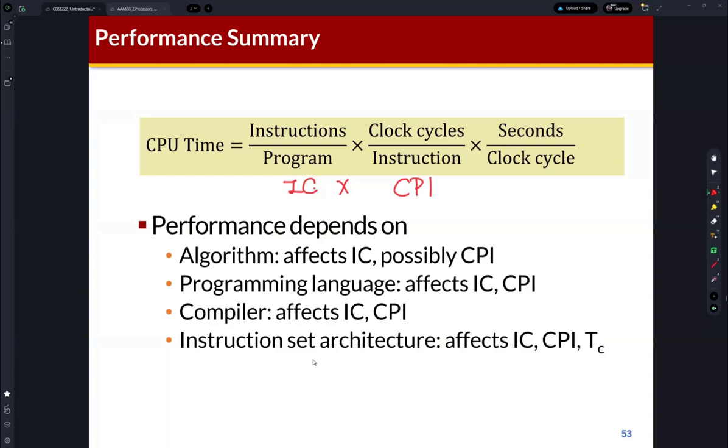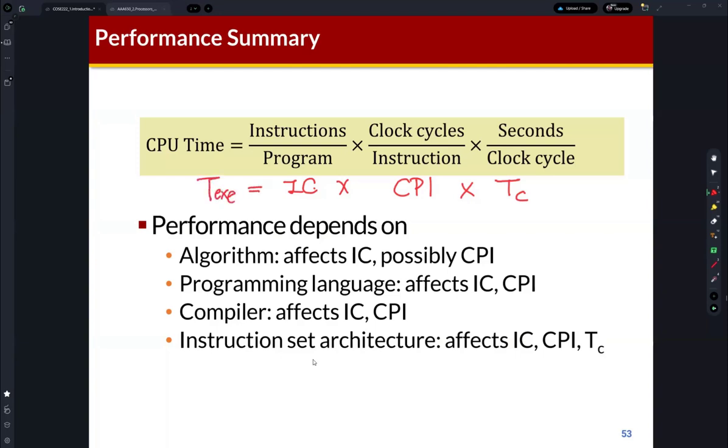And then seconds per clock cycle, this is the TC, the clock period, okay? Using this equation, we can calculate the CPU time.